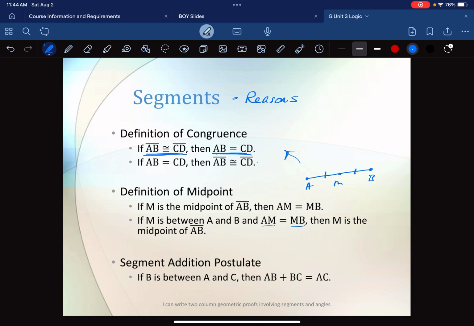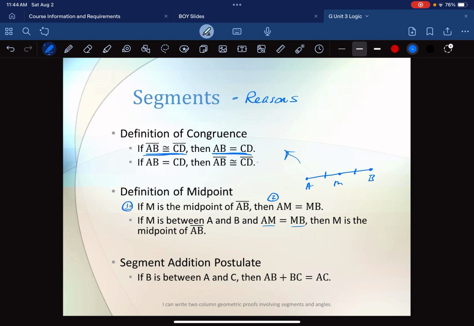So if I've got a midpoint given to me, that might be statement 1. And then I can conclude statement 2: AM equals MB, and the reason I can put that down is the definition of midpoint. Or if I know that AM is equal to MB, then in the next statement I can say M is the midpoint, and my reason for that would be the definition of midpoint. And here's the last one. It's called the segment addition postulate.